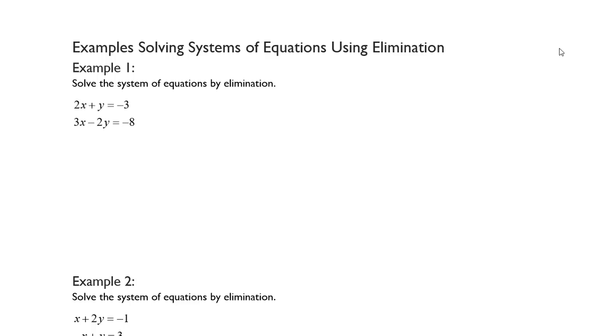I am now going to look at these two equations and figure out what I could multiply one of the equations by such that one of the terms would drop out.